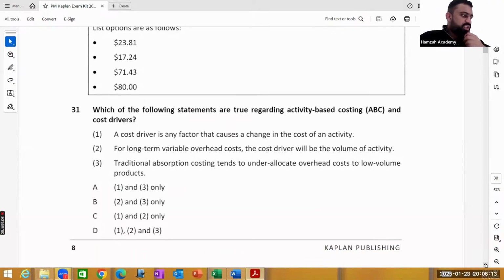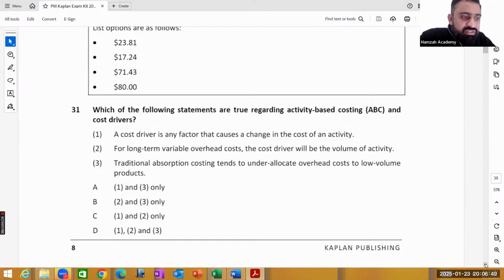Okay, question 31. What's the right option? Which of the following statements are true regarding ABC and cost driver? The cost driver is any factor that causes a change in the cost of an activity. Yes, that's true. For long-term variable overhead cost, the cost driver will be the volume of activity. Yes.